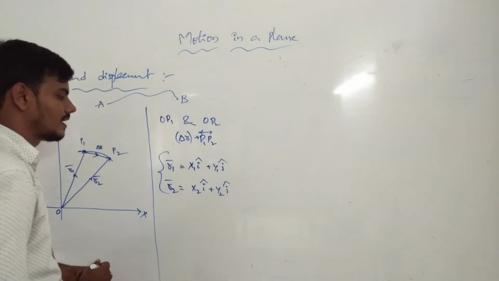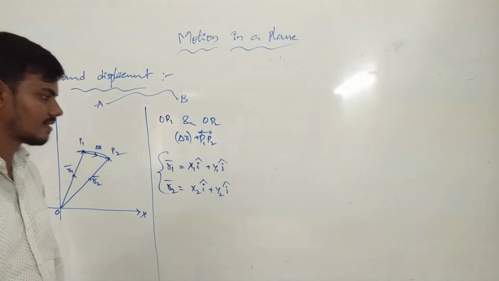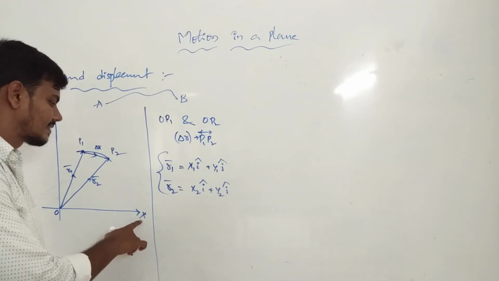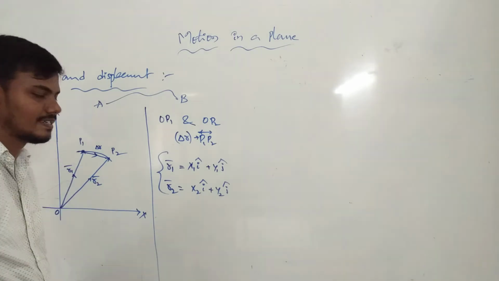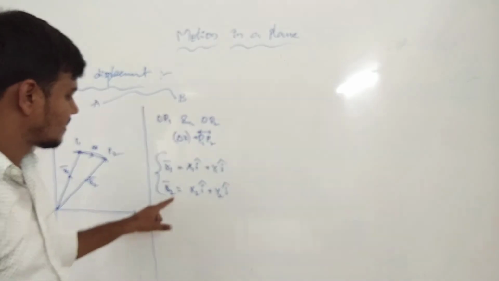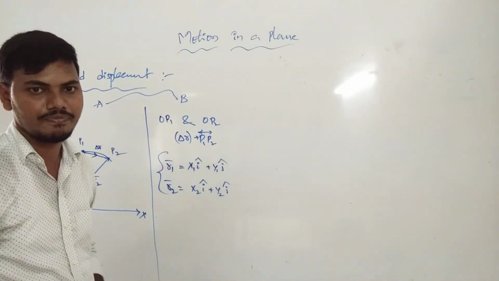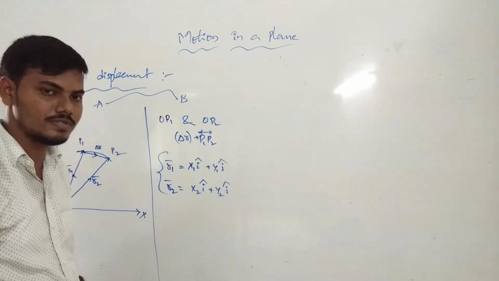These terms give us the position and displacement vectors. R1 bar has the x-axis component and the y-axis component, initially for the first position. For the second position we take x2 i cap plus y2 j cap.